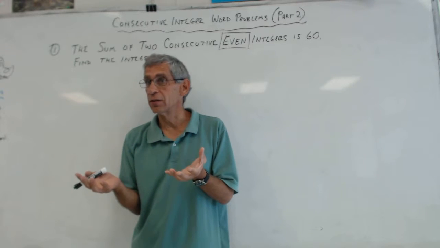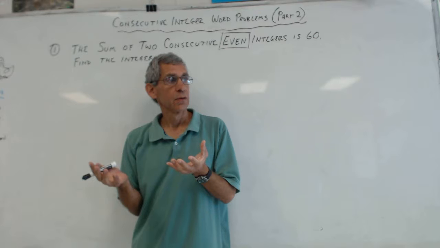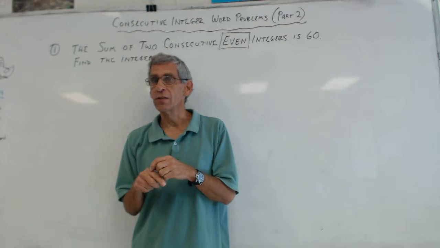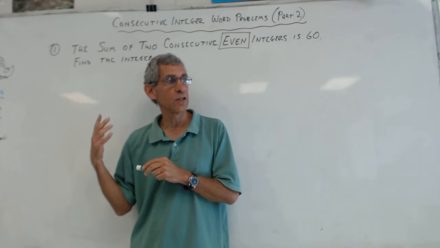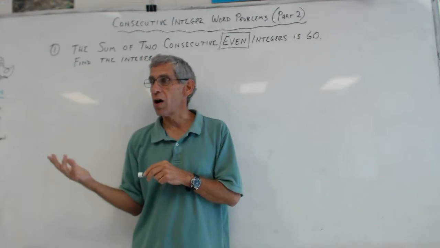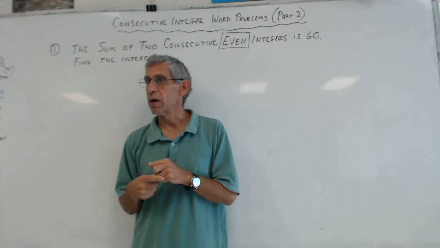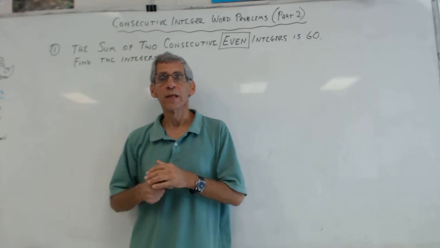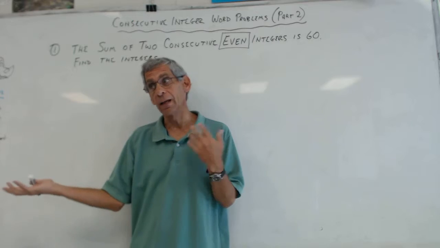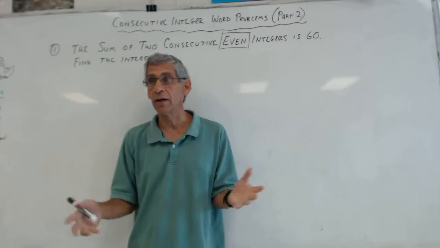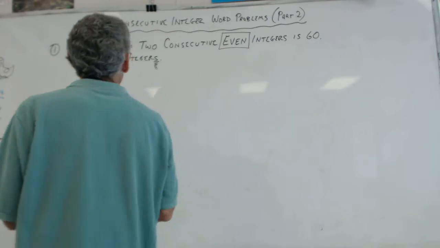They're not fractions. So if I get an answer and I find out that the first number is 61 and a half, it's wrong, right? It can't be a fraction. It's got to be a whole number. It can be negative. It can be positive. It's totally fine, right?